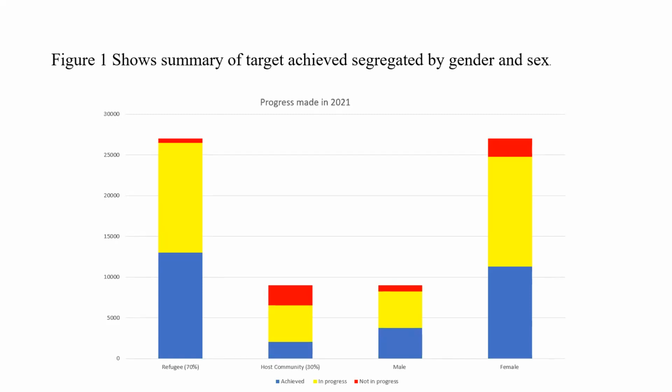We have 70% based on the number we are able to reach, because our target is to reach 18,000 people, both the host and the refugees. So when you look at the blue, it indicates the number of people reached. So we are about 13,000 plus people that we reached.